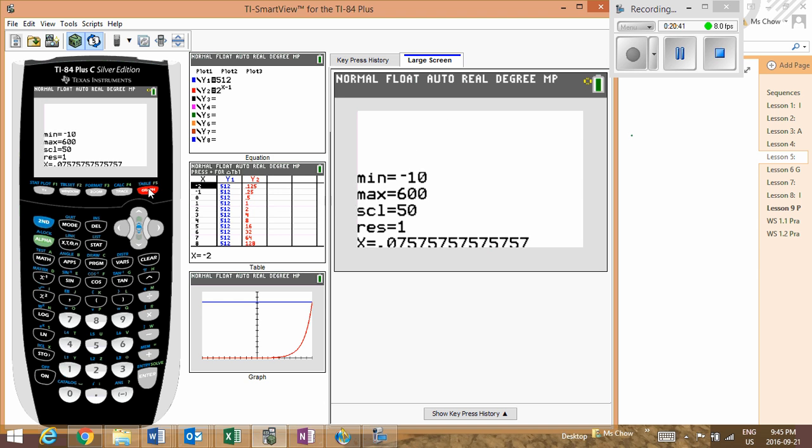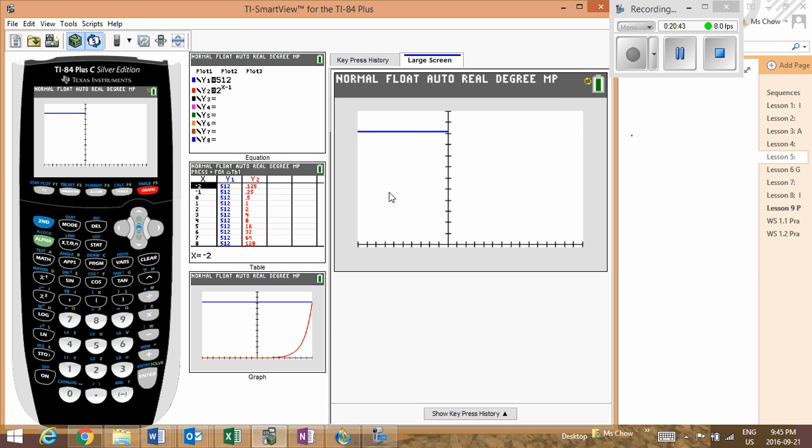If we hit graph at this point, there's that y equals 512, so that is clearly on the screen. It's nice, I can see where each of the increments are. Remember, I've asked it to count up by 50s, and there's that intersection. So what do we want to know at this point?